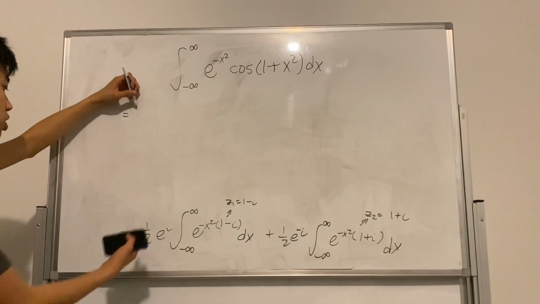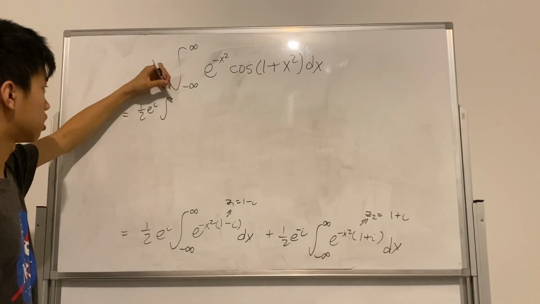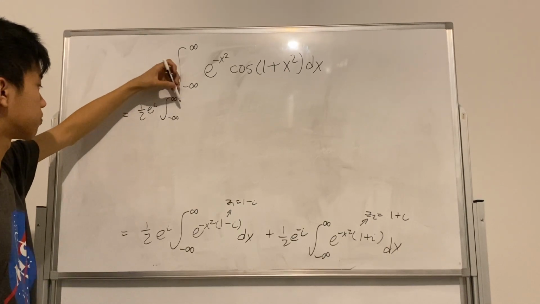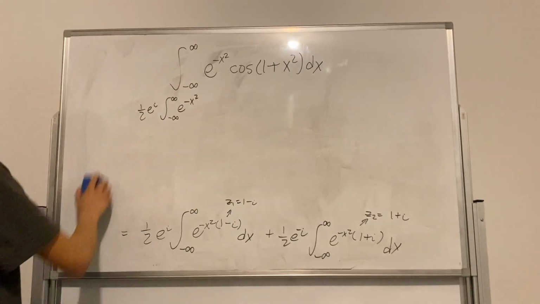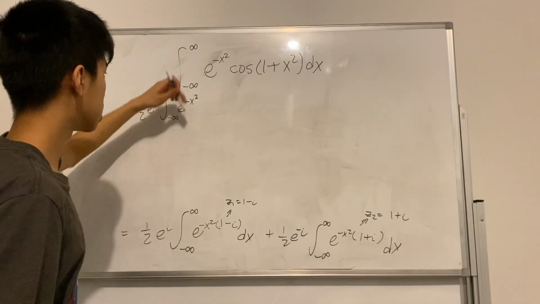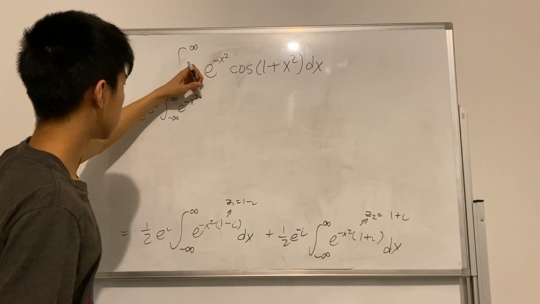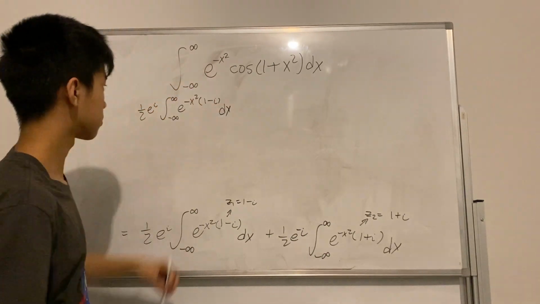Now let's continue. Let me draw this on the top: 1/2 e to the i, the integral from negative infinity to infinity of e to the negative x squared. Instead of writing everything out, I'm going to evaluate each individual one right now. That's 1 minus i dx.